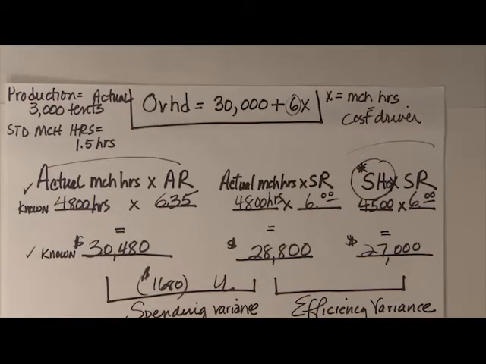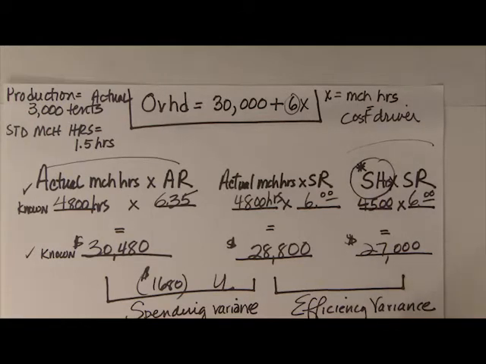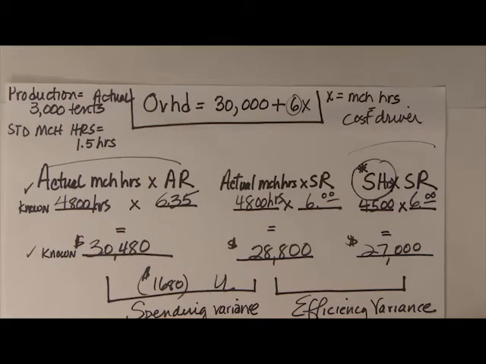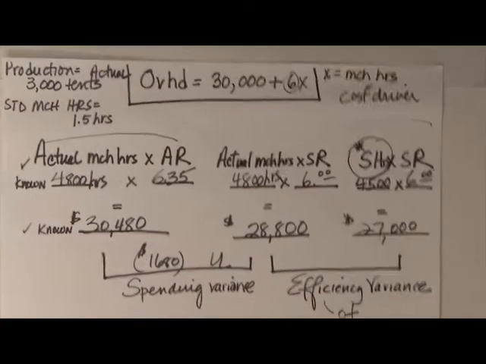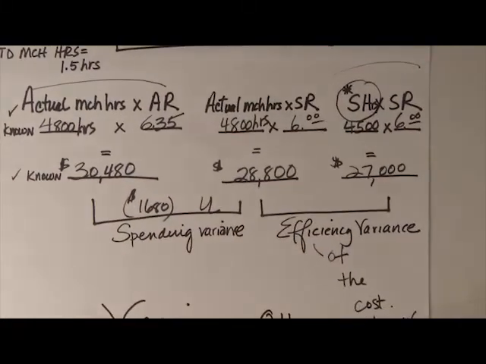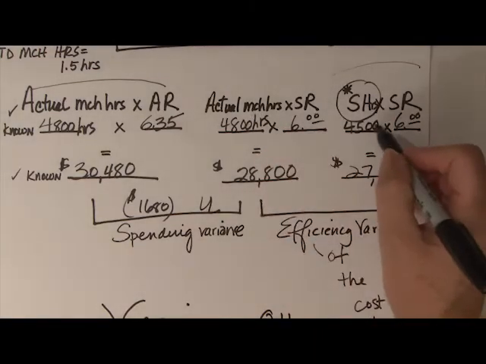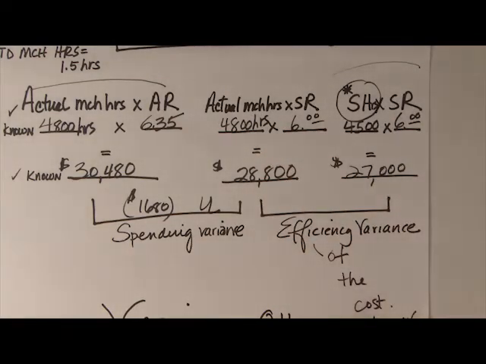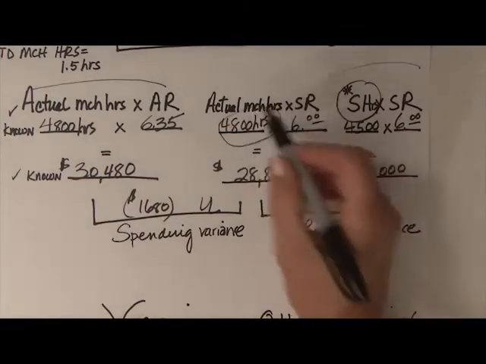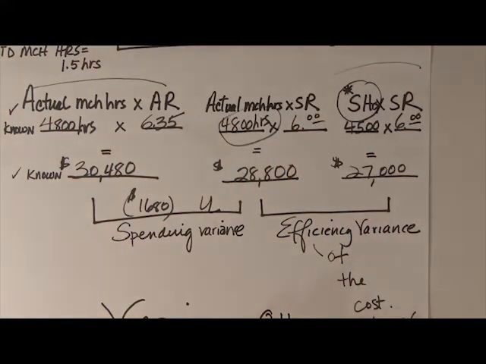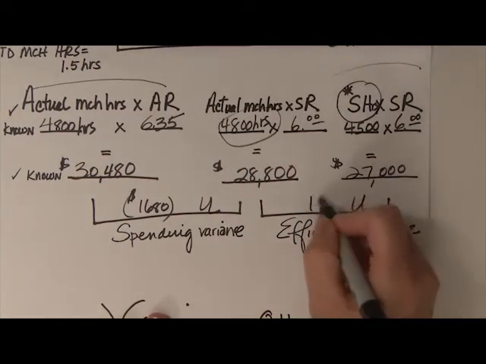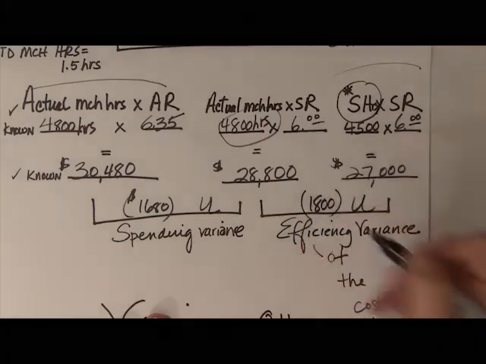Let's look at the efficiency here. The efficiency variance is about the efficiency of the cost driver itself, and it's no more complex than that. So what we're saying here is we should have been able to do this work in 4,500 hours. It took 4,800, and this is an inefficiency, an unfavorable variance of $1,800.